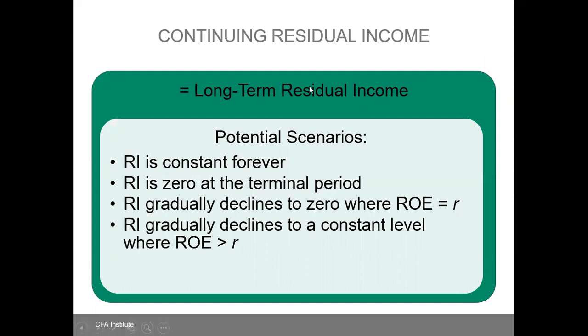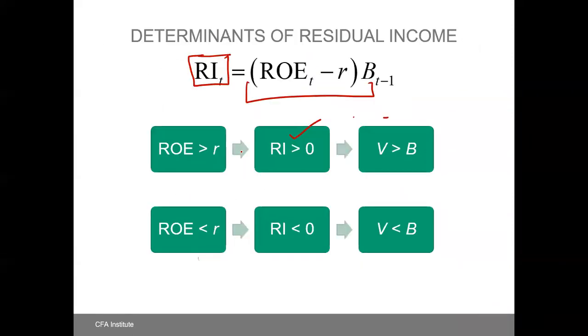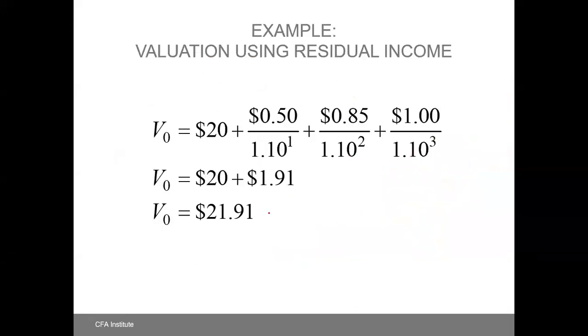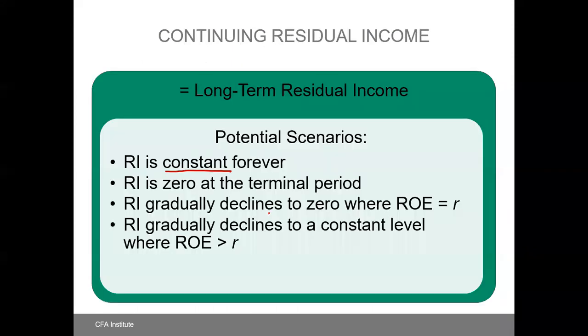So after year 3, if the firm continues, what can happen? Residual income is likely to remain constant. Say, residual income was how much? $1. So it can remain constant at $1. Okay, it can be one scenario.